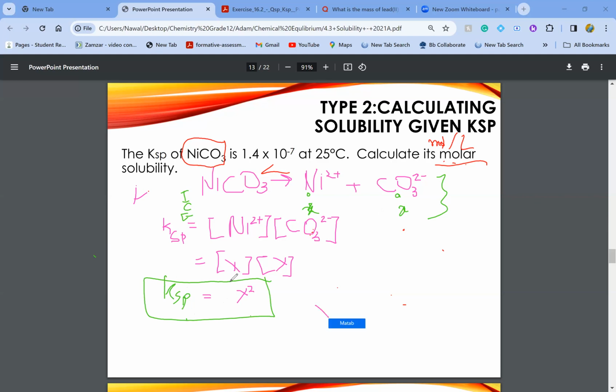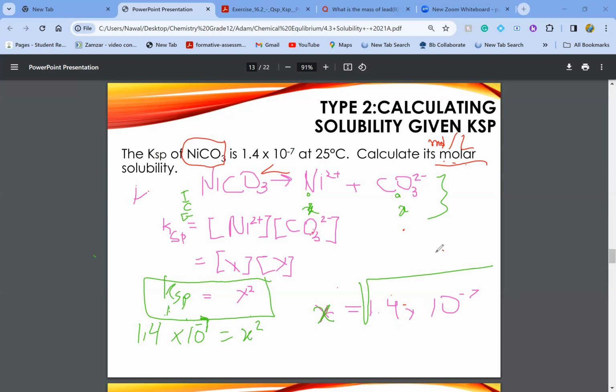So Ksp is 1.4 times 10 to the minus 7, equals x squared. So simply x equals the radical. Do you know how I get this? Yeah, this is from algebra.